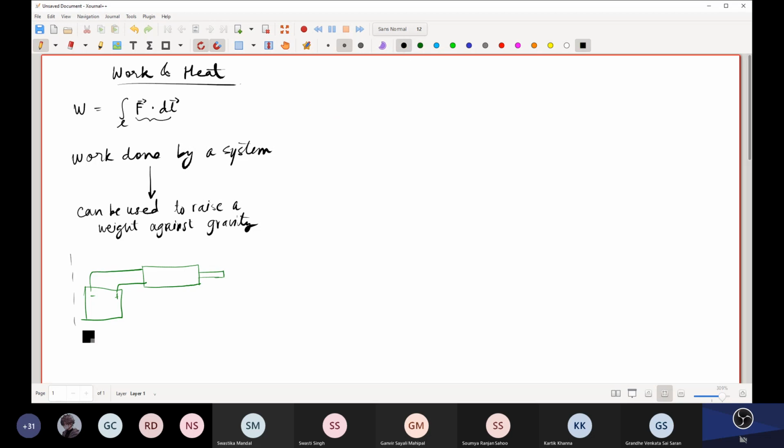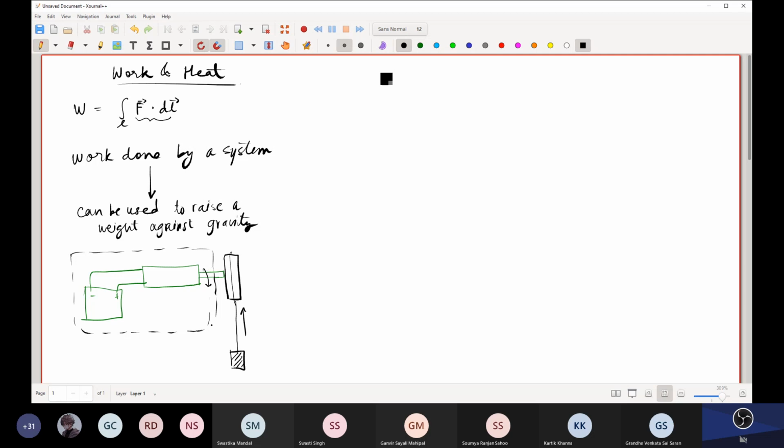If we take this as the control volume, the moment the motor shaft is rotating, we say that work is being done by the system. Why? Because we can imagine a pulley over here and a rope connected to a weight, and this rotating shaft could be used to raise the weight against gravity. And so we say that the system is doing work.